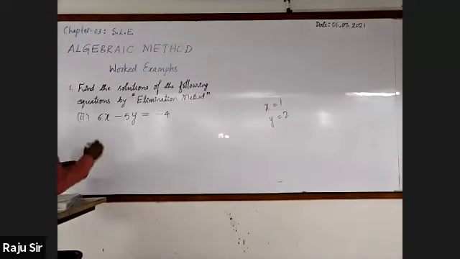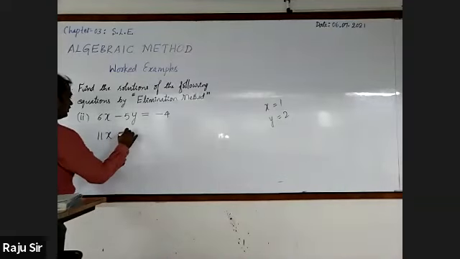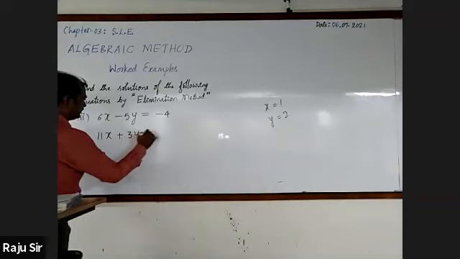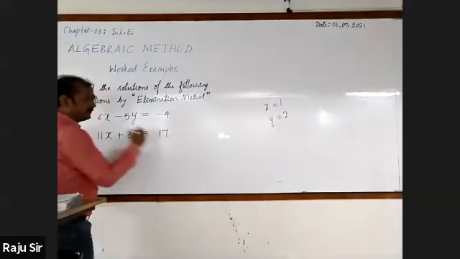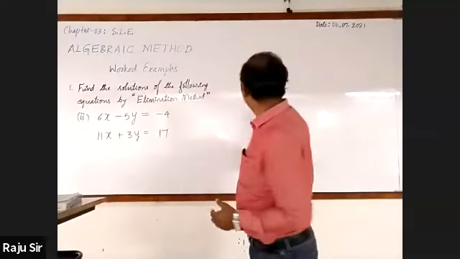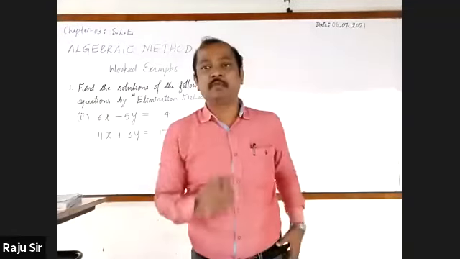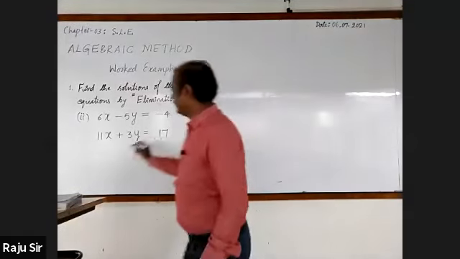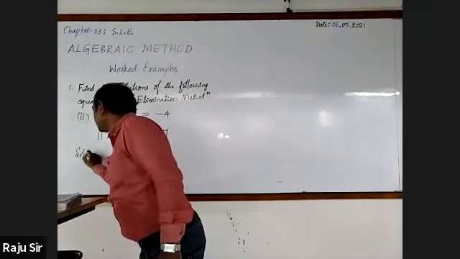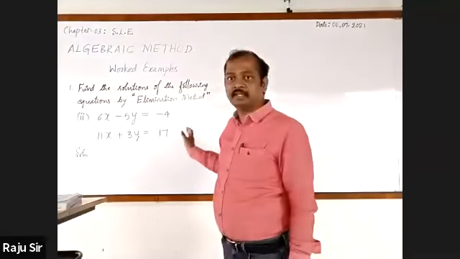Next, another one. It is 11x plus 3y. Can you tell? 17. Very good. Now, please go on solving. Here only I'll write the equation. Both the equations are already in standard form with constants on the right hand side.